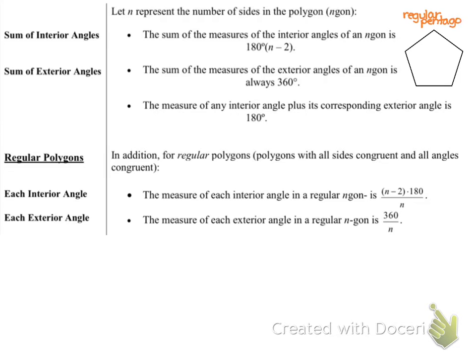And I wanted to show you a couple of things. So if we want to talk about the sum of the interior angles, I'm going to go ahead and highlight this in blue. I'm going to kind of erase as I go because I'd like to use the same picture. So you might want to draw this a couple of times. The sum of the interior angles, it doesn't matter if it's regular or not. It just has to be a polygon.